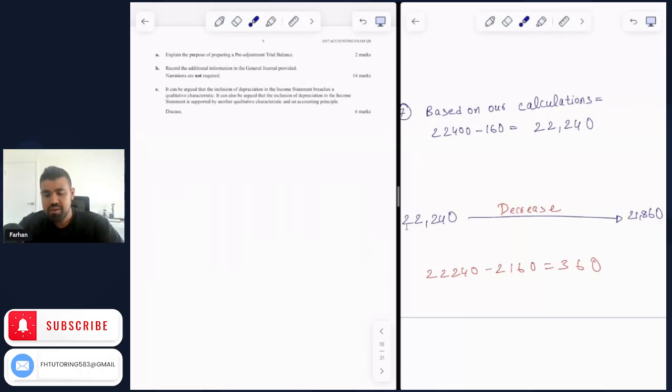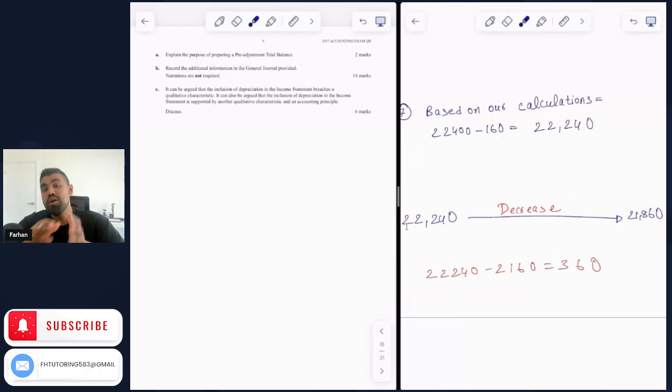So on that basis, using the qualitative characteristic of relevance and the accounting principles of matching and accrual basis, it makes sense, because if we were to leave the depreciation expense out, then we would be understating expenses, which will be overstating the profit, and this may have a significant impact on decision making.